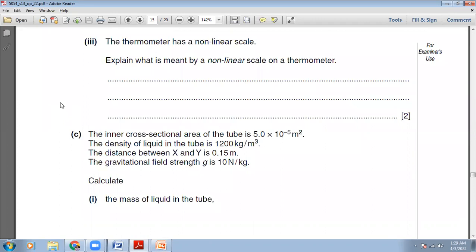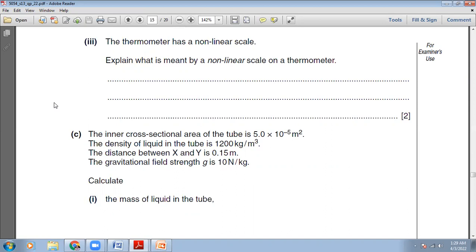The thermometer has a non-linear scale. Explain what is meant by a non-linear scale on a thermometer. A non-linear scale means that the distance between the divisions on the thermometer is not uniform. It means that the expansion of the liquid in the thermometer is not uniform for the same rise of temperature.